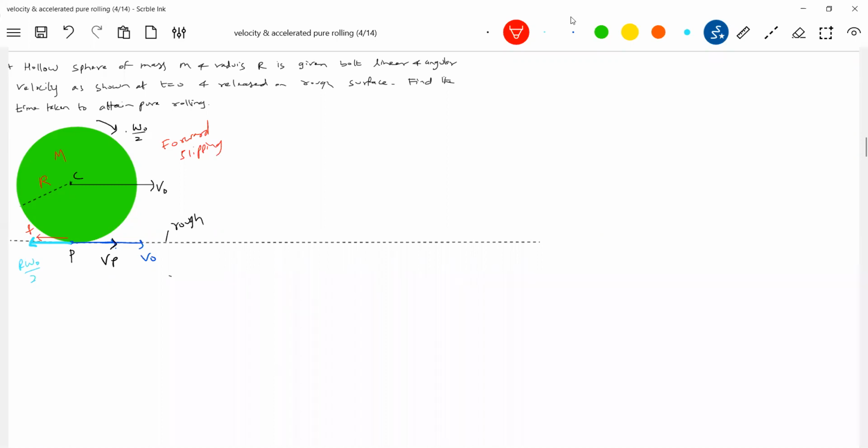And then what this friction does is it will retard, and it will set up torque about point C. And finally it will increase the angular velocity.